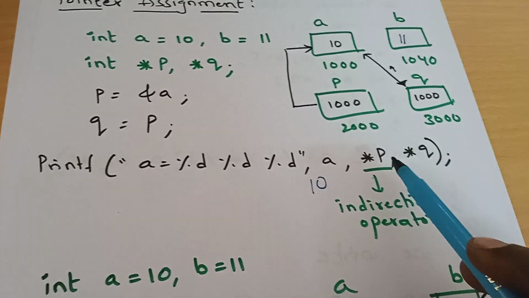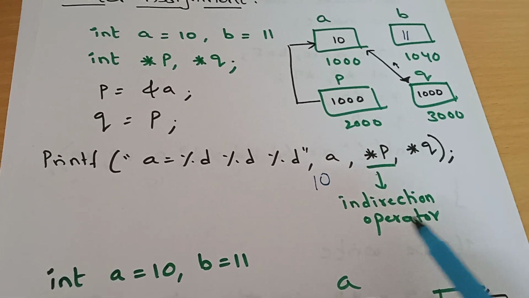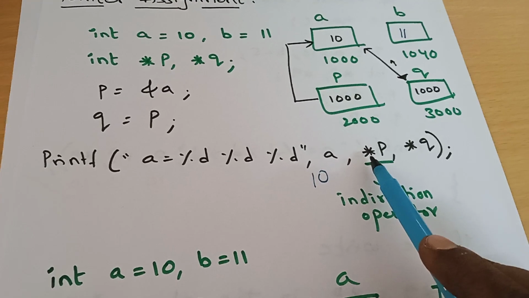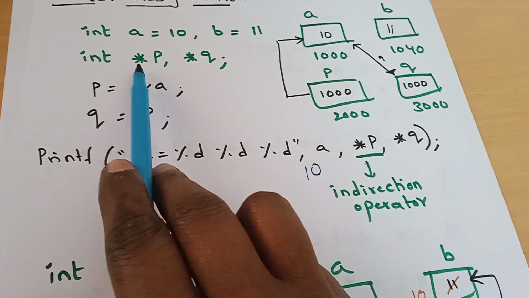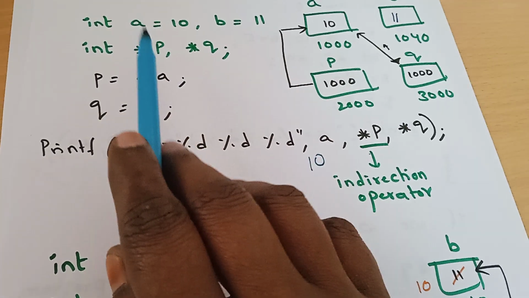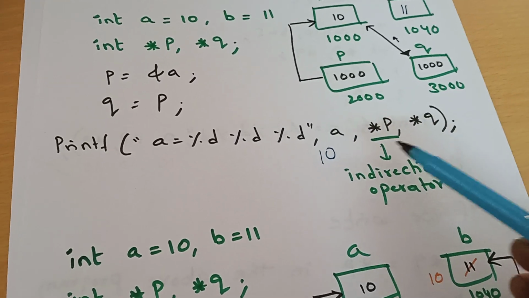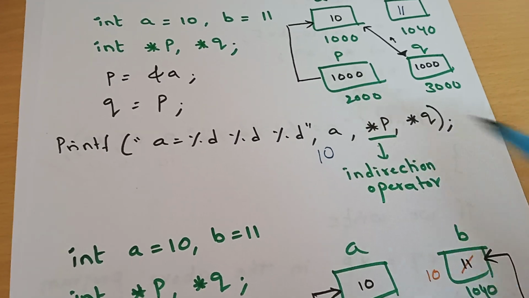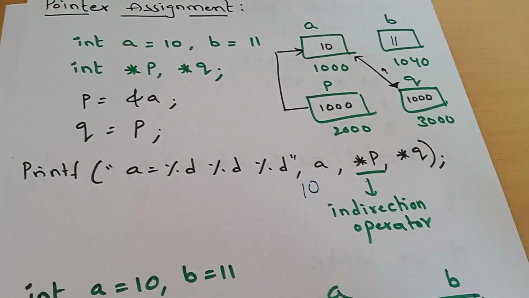Now star p is what? The indirection operator. The star here indicates the indirection operator, and the star in the declaration indicates a pointer declaration. There we are just declaring a pointer variable, and here we are operating, accessing through the indirection operator. Now what is star p?